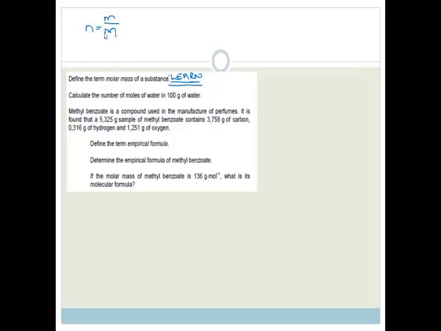So the number of moles is mass over molar mass. The mass we are given is 100 grams, so it's 100. The molar mass of water, so M of H2O, is made up of 2 hydrogens, and the molar mass of hydrogen is 1, plus 1 oxygen, and the molar mass of oxygen is 16, so that is just 18. So the molar mass of H2O in this case is 18, and now we just need a calculator.